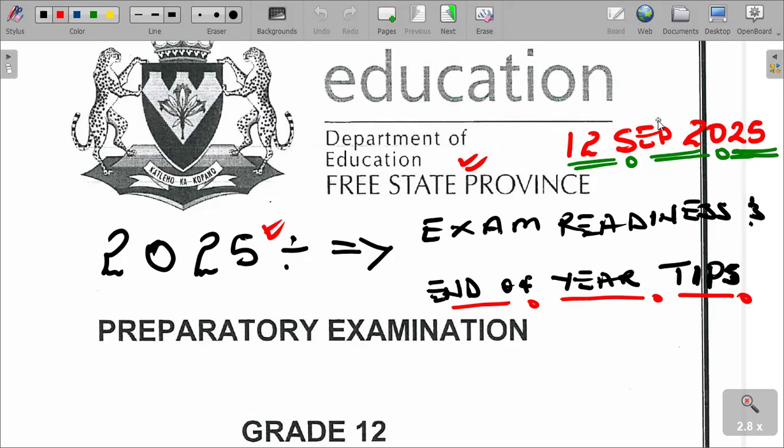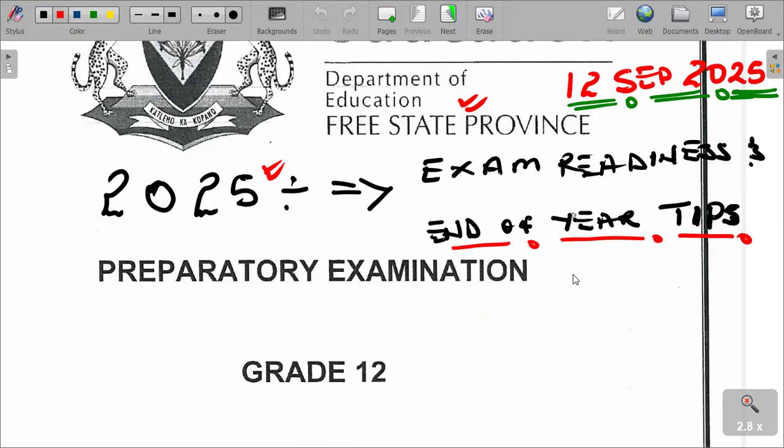Let's revise together right now with the latest one, Free State Province, 12 September 2025. I'm sure you know very well that these preparatory exams give us a reflection of the final examination that we are going to write.